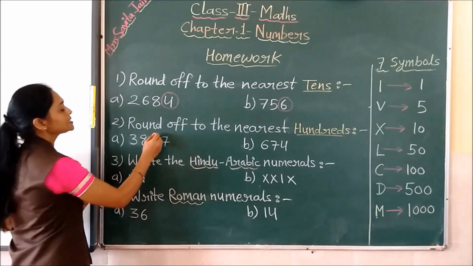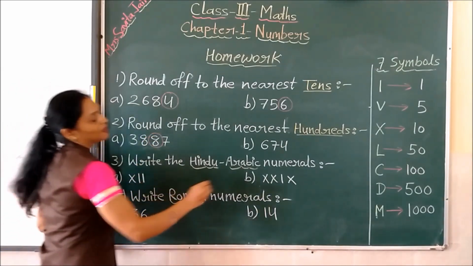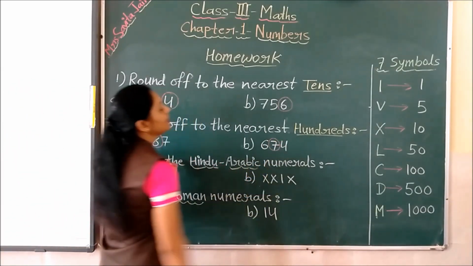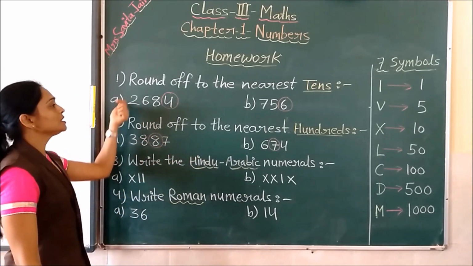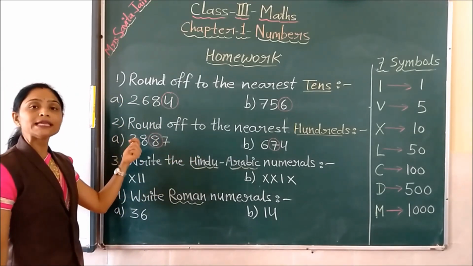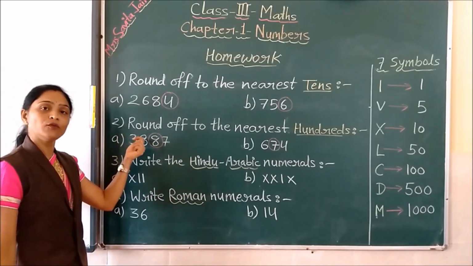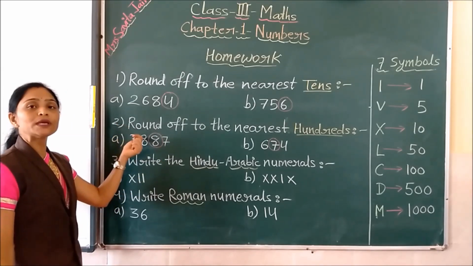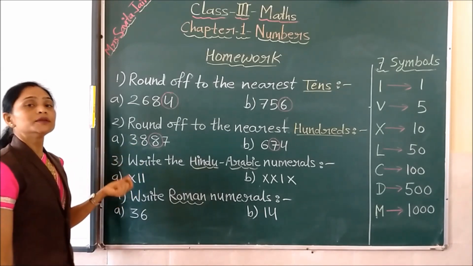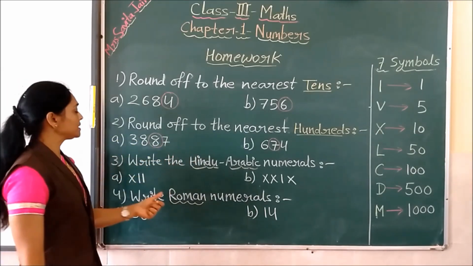So for that we will see this tens place digit and round off to the hundreds. So these two questions you solve nicely, and except these also you may practice because this topic is new for you. So practice more questions so it will be easy for you to solve the question.